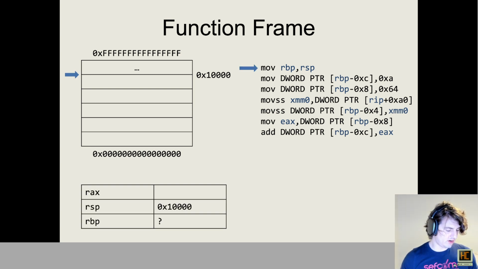So RSP is not the start of the function. RSP is just the pointer to where the stack currently is. The other arrow here that's pointing to the start of this instruction means that the instruction pointer, RIP, points to wherever this instruction is in memory, and this is the next instruction that will execute.